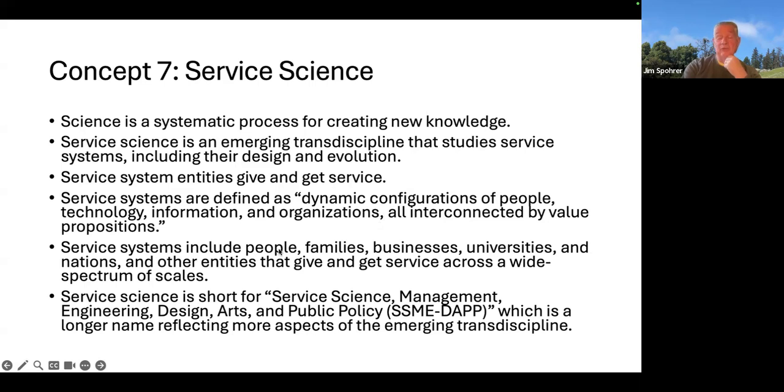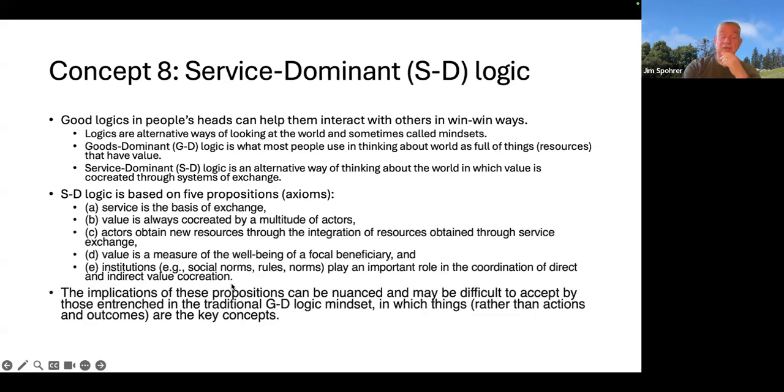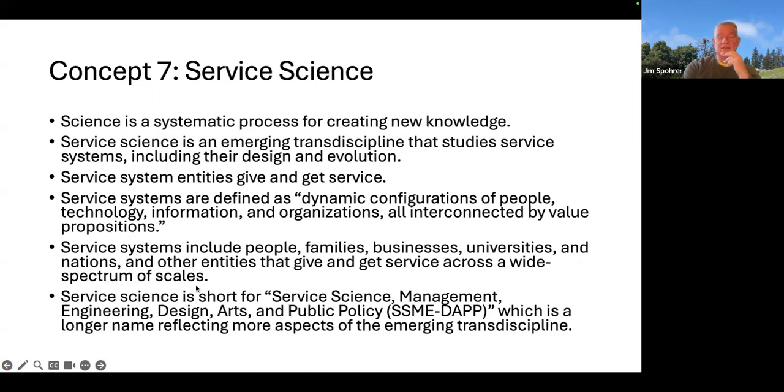Service systems include people, because they give and get service, families give and get service, businesses give and get service, universities give and get service, nations, of course, and other entities that give and get service across a wide spectrum of scales, like cities and states, etc. Oh, and service science is short for Service Science Management, Engineering, Design, Arts, and Public Policy, SSMEDAP, which is a longer name reflecting more aspects of this emerging transdiscipline.